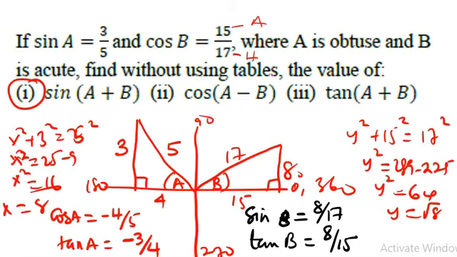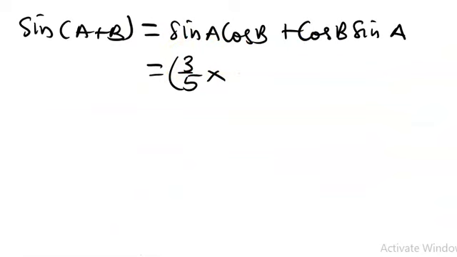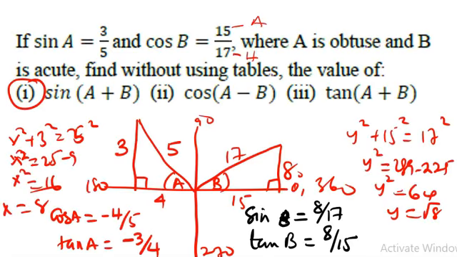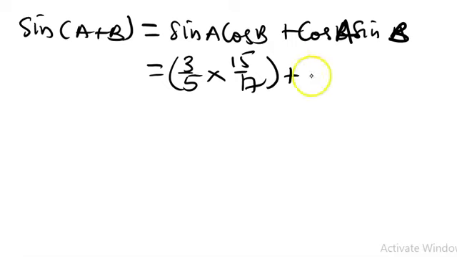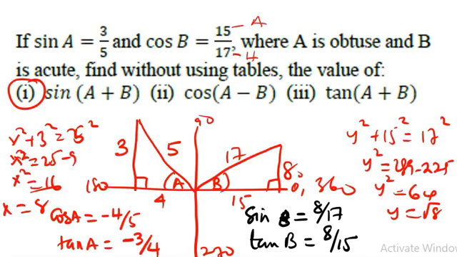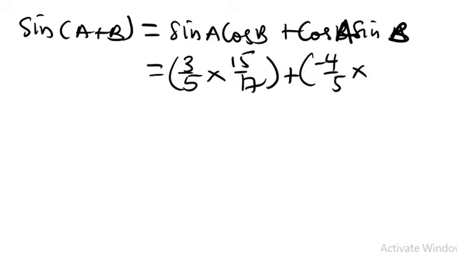Cos B is 15 on 17. Plus cos A sine B. So let's come to cos A. Cos A is minus 4 on 5. So plus minus 4 on 5 times sine B. What is sine B? Sine B is 8 on 17.